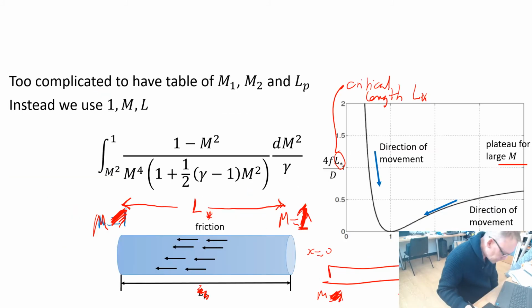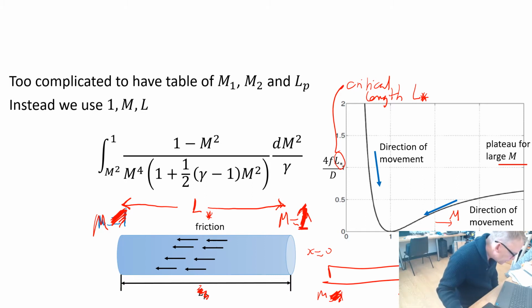And the solution is plotted in this graphical form. Mach number is along the bottom, and on the vertical axis is 4fL star over D. L star is our critical length. It's the distance it takes for the Mach number to become unity, normalized over the pipe diameter.